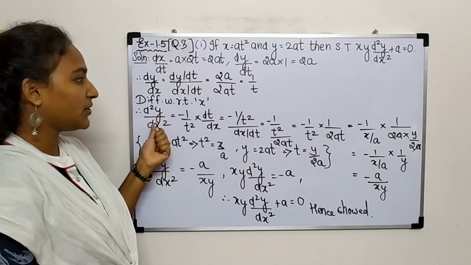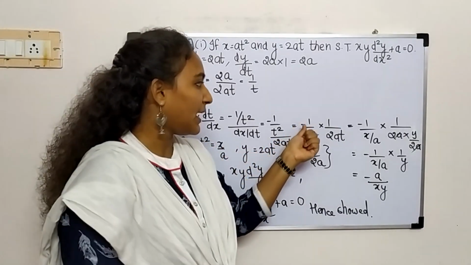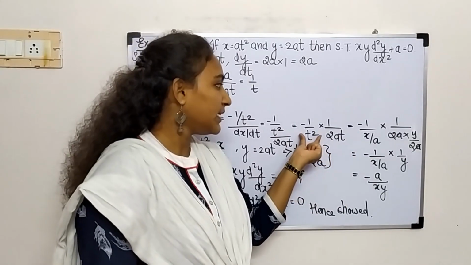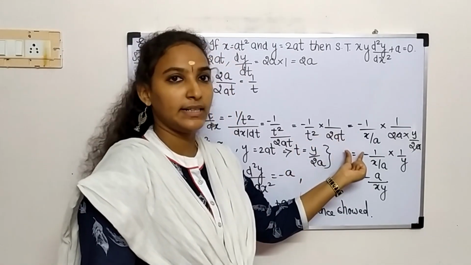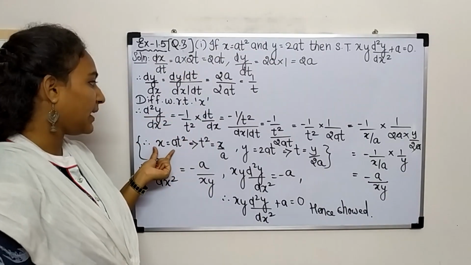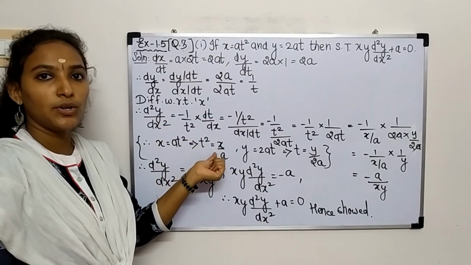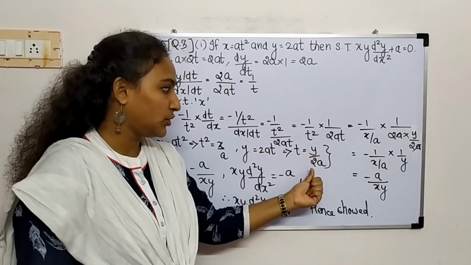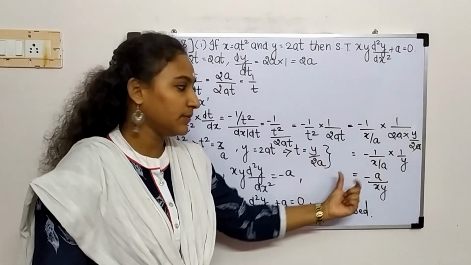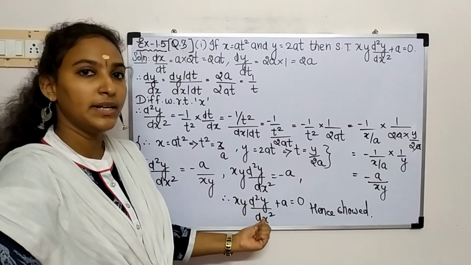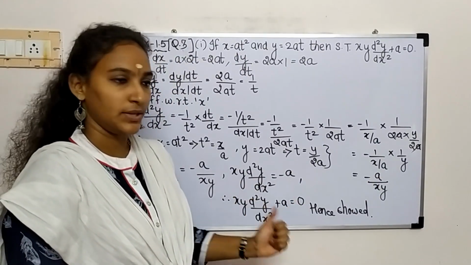So d square y upon dx square was minus 1 upon t square into 1 upon 2at. Now we are substituting for t square and t using x and y. From x we got t square equal to x by a, and from y we got t equal to y upon 2a. After substituting, we get xy d square y upon dx square plus a equal to 0.